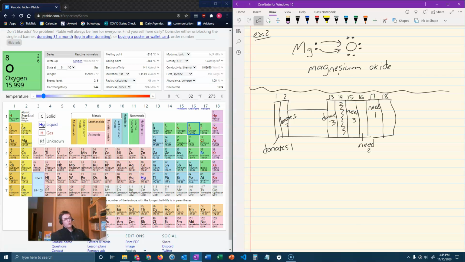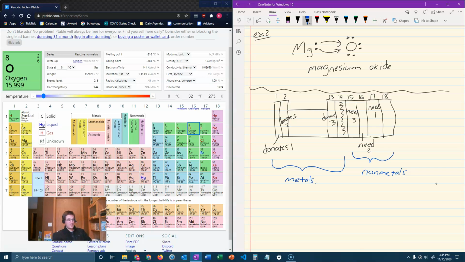So you can tell right away just by looking at where something is on the periodic table what they're going to do. And so you can see from that this area right here where they need electrons, those are the nonmetals. Nonmetals accept electrons. Metals, they donate. Metals are losers. They lose their valence electrons.